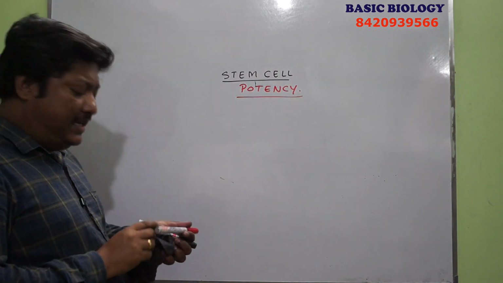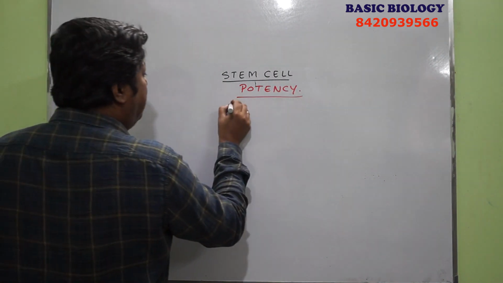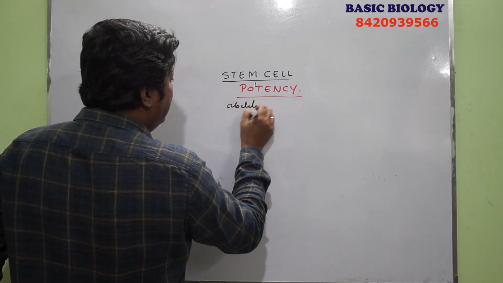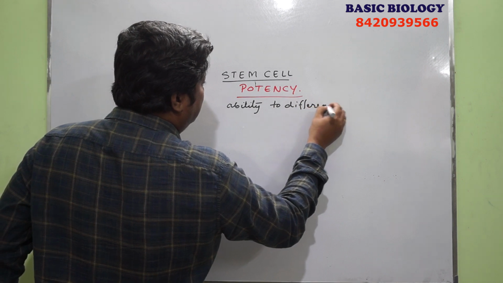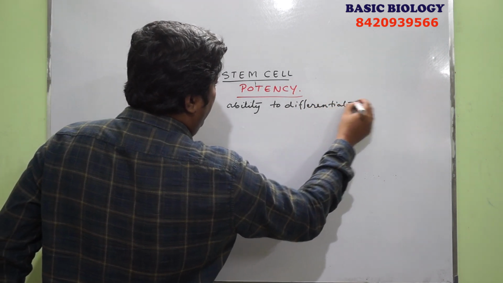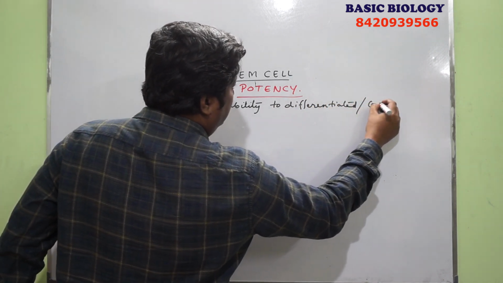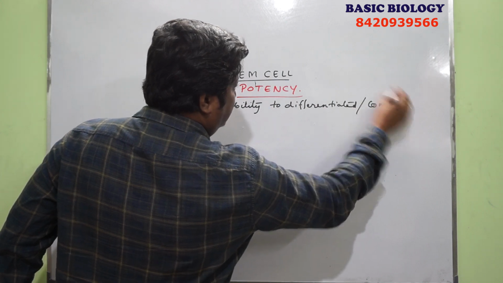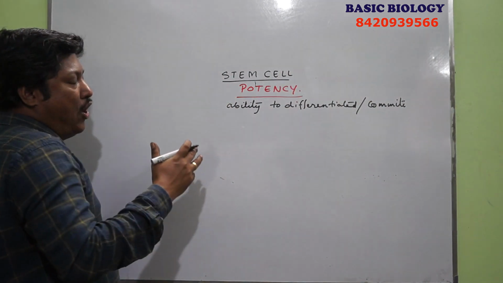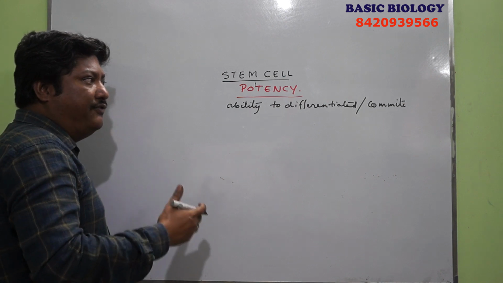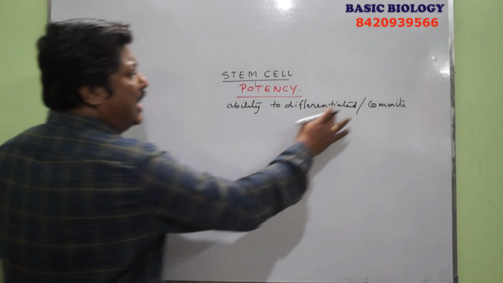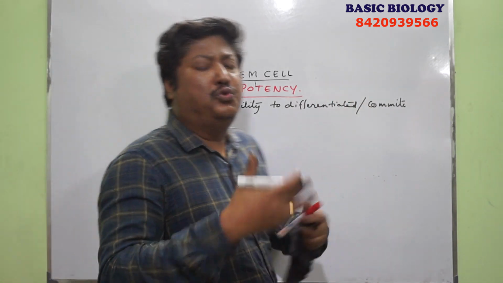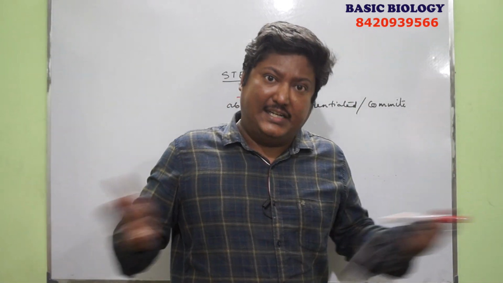So first of all, potency is a very important term regarding the stem cell. Now what is potency? Potency means the ability to differentiate or commit. That means not all stem cells have equal ability to differentiate into all kinds of cells.